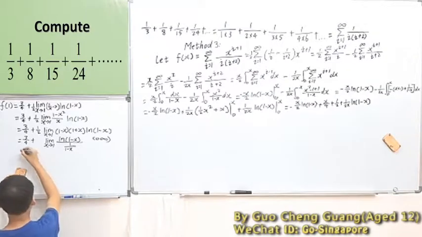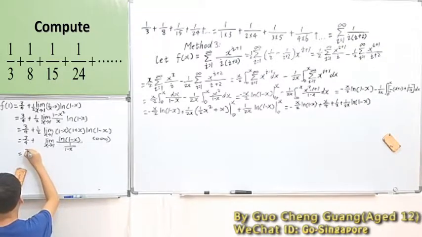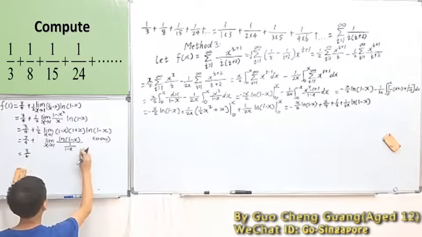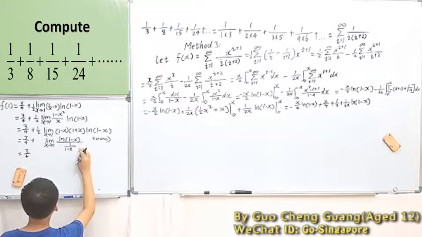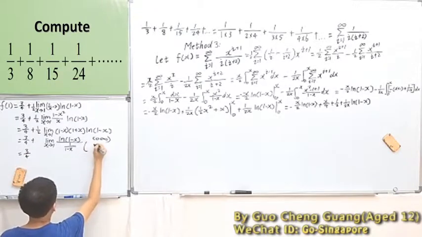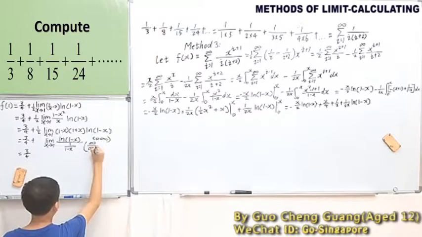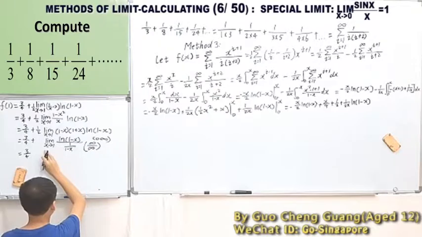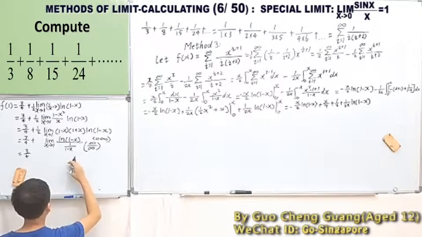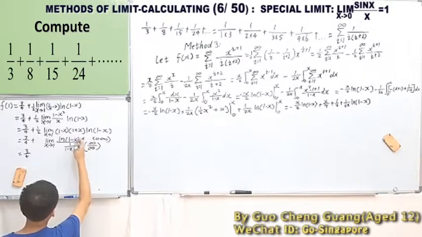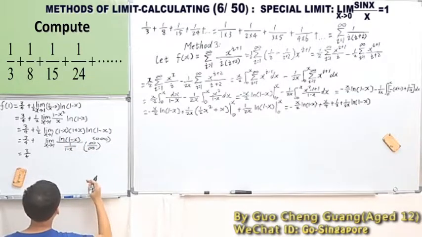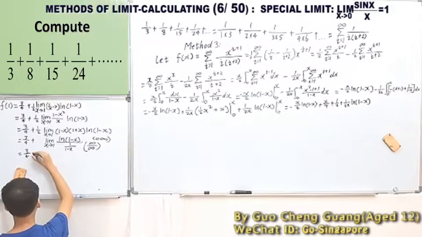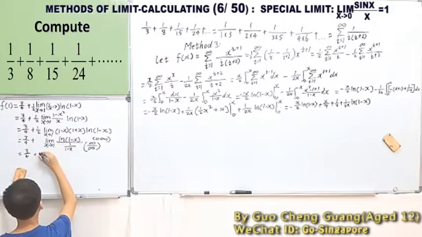So it is like this. And then after that, you'll find out that this part is now an infinity over infinity. X, it is continuous. Now you're very sure that you can use L'Hopital's rule.